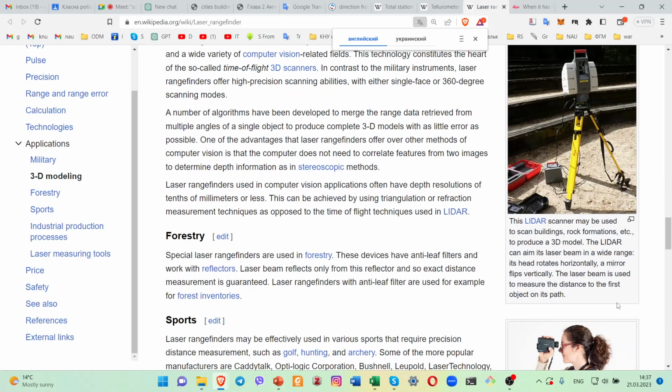This kind of LiDAR equipment may be used to scan buildings, rock formations, etc., and to produce a 3D model. The LiDAR can aim its laser beam in a wide range. Its head rotates horizontally, a mirror flips vertically. The laser beam is used to measure the distance to the first object on its path.